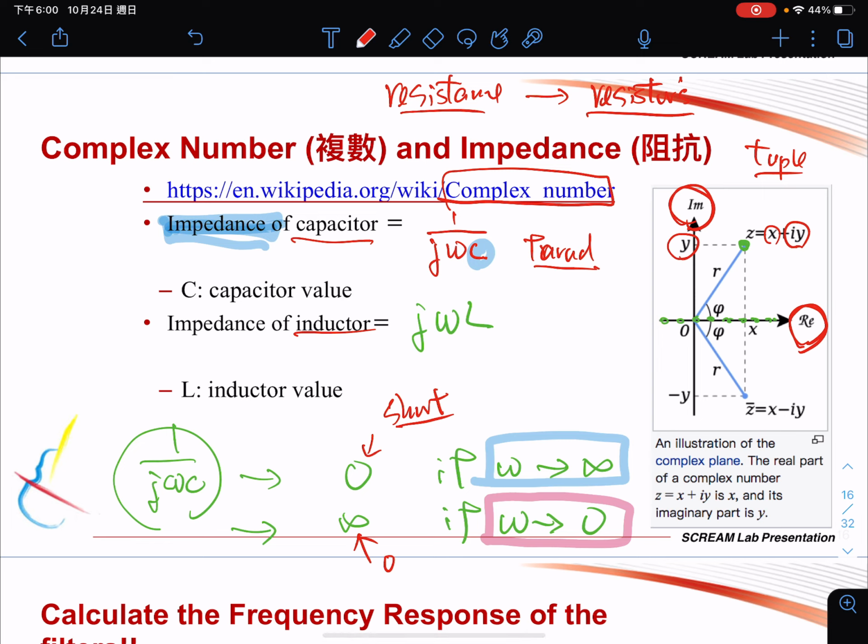Then it's something like an open. Open means that you have a very large or infinite ability to stop the current flowing through this element. So this is the capacitor. It's quite different from the resistor, right?